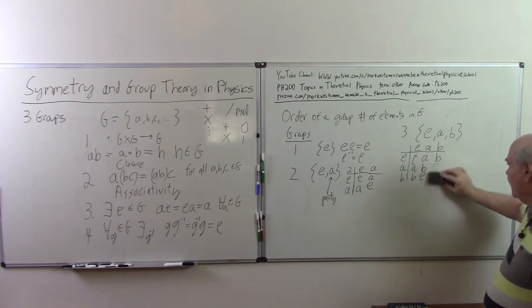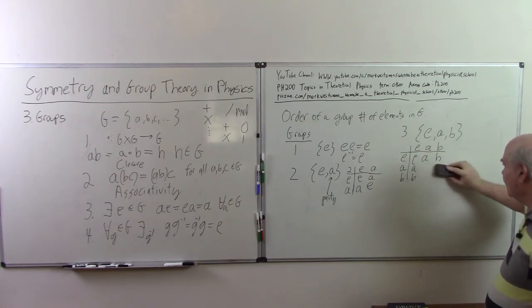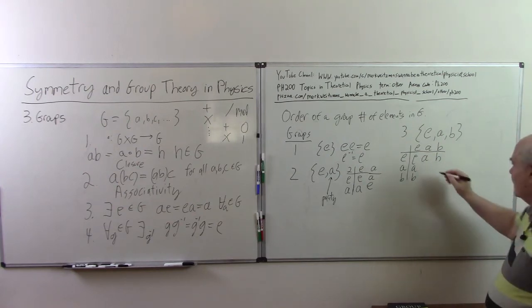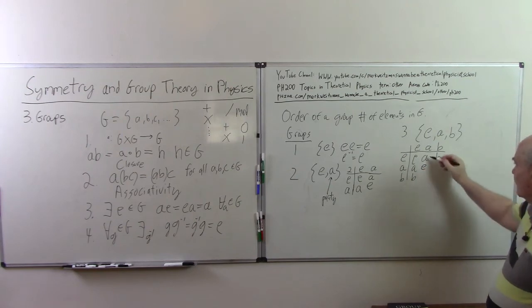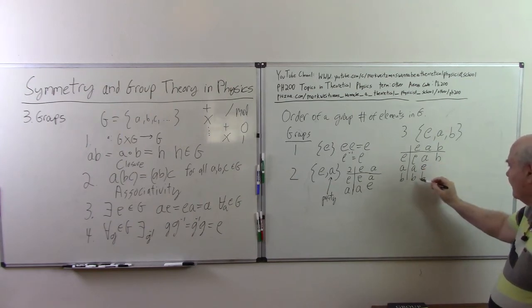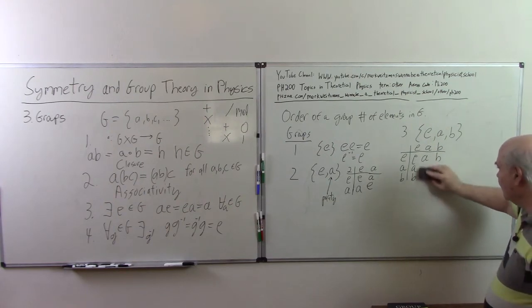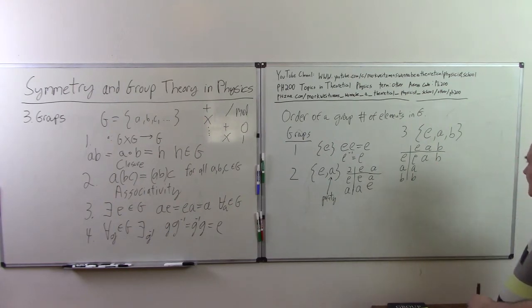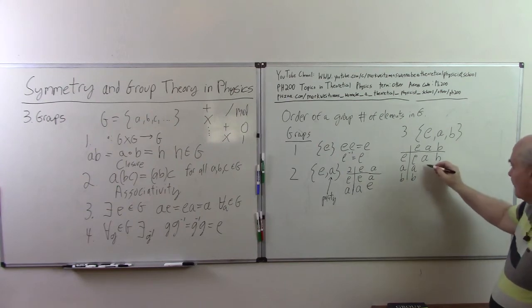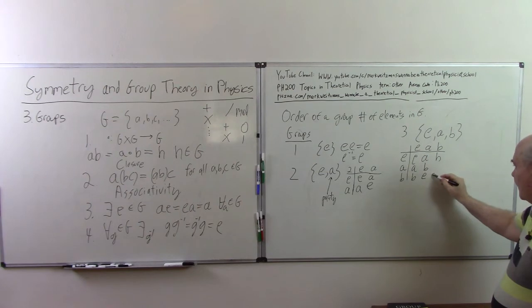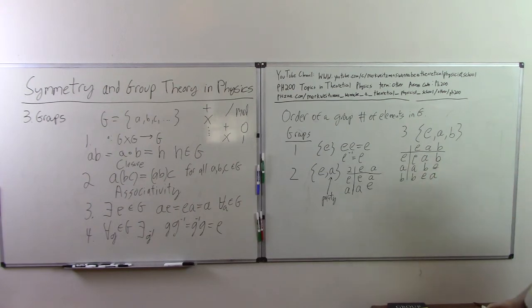If I tried to put E over there, let's see what would have happened. Well, there's AE, so then this would have to be B, but that contradicts that. So it cannot be E over there. It can't be A, so it's got to be B. Then this guarantees E, and this guarantees A, and this guarantees E. So this is the group of 3 elements.